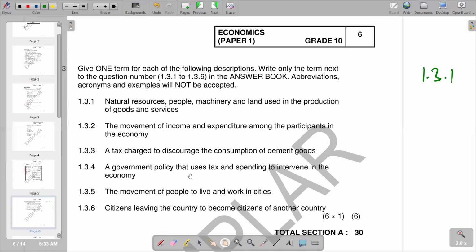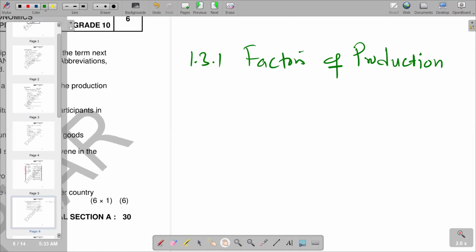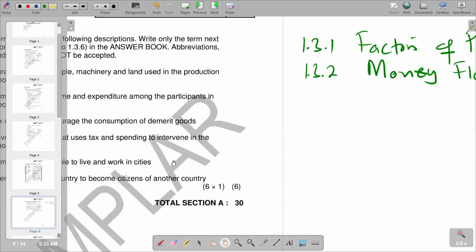And money flow is represented by income and expenditure. So we are saying this is a money flow, 1.3.2.